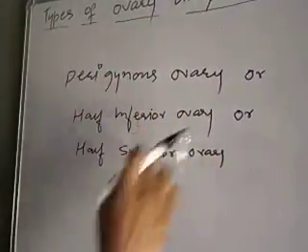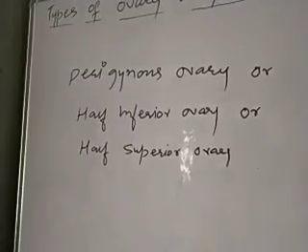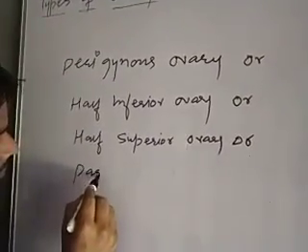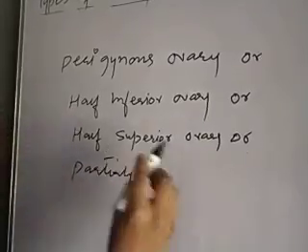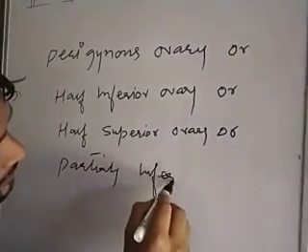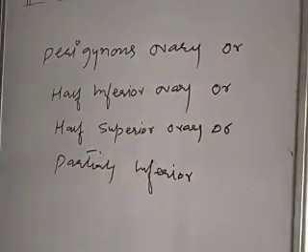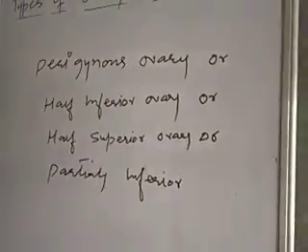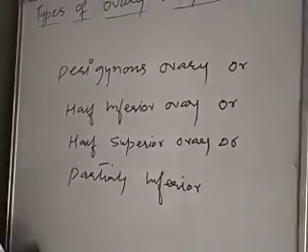Perigynous ovary, or half inferior ovary, or half superior ovary. It can also be called partial inferior, or partially superior. These are different names of this perigynous type of ovary.